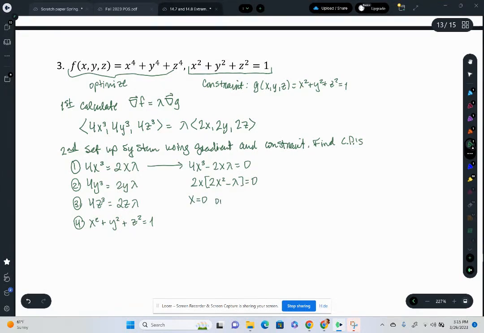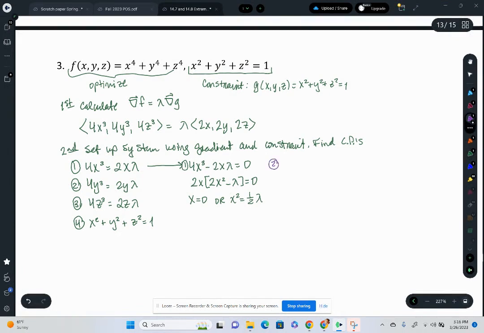X is 0 or x squared is equal to 1/2 lambda. I'm not going to solve for the plus or minus here because I'm thinking about equation 4 where I have x squareds in there.